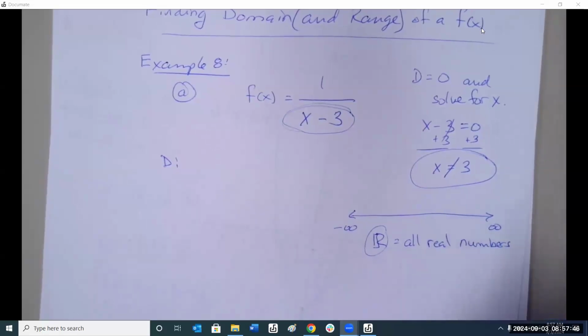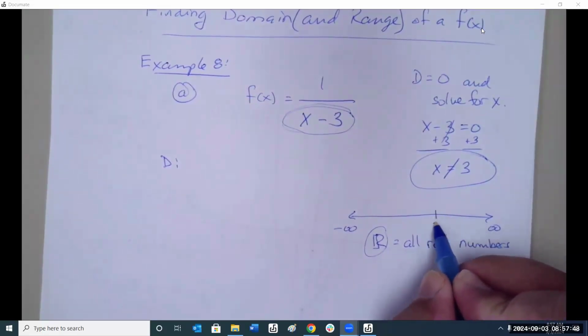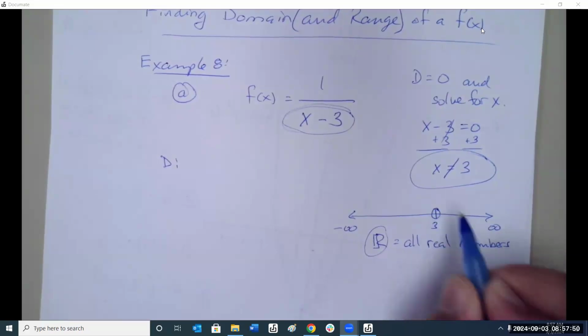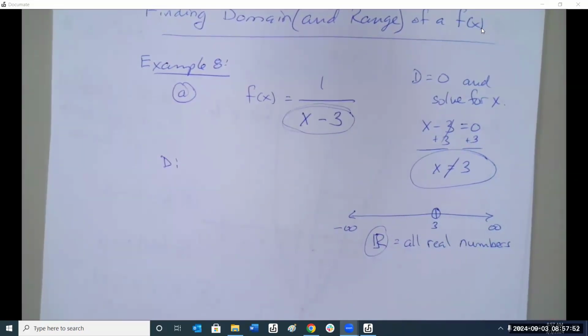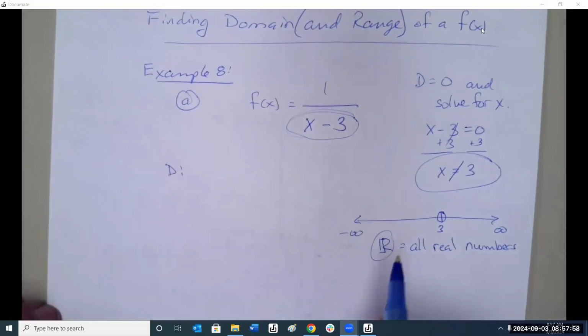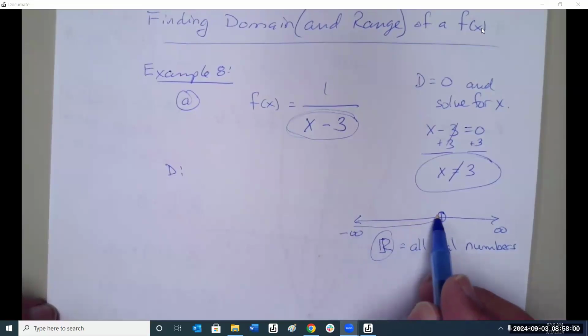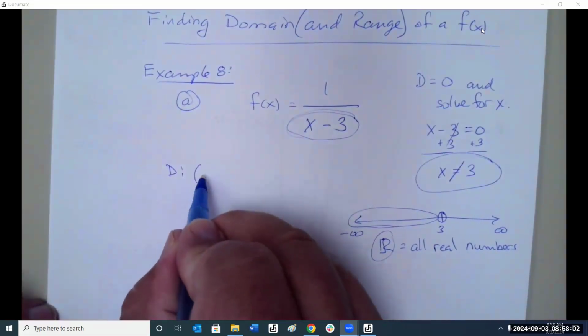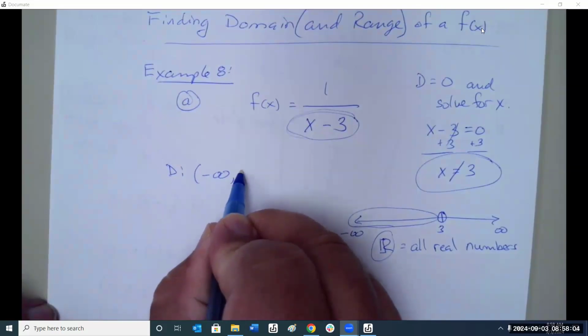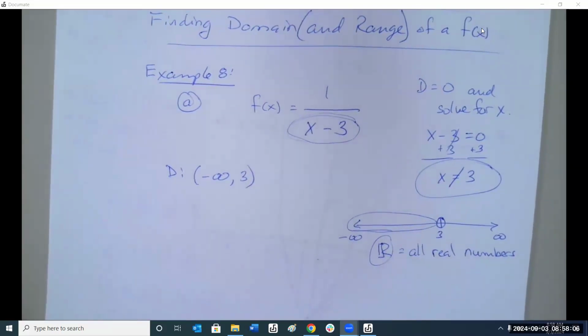But I cannot use 3. So what's my domain? Very good. So I can use everything on this side, everything from negative infinity to 3. I just can't use 3.